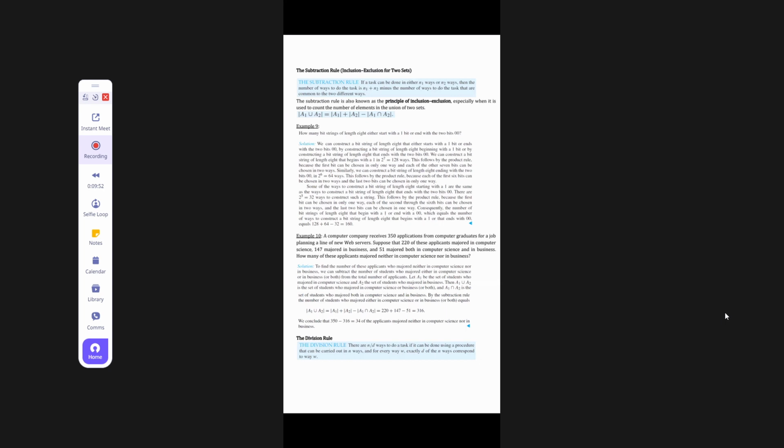So what does the subtraction rule say? It's almost the same statement as the addition rule, which is there are n1 ways of doing the task or there are n2 ways of doing the task. The difference between the addition rule and the subtraction rule is in case there are some common ways between the n1 ways and the n2 ways, there are a certain number of common ways. So what happens is if I then simply add n1 plus n2, those common ways are being double counted.